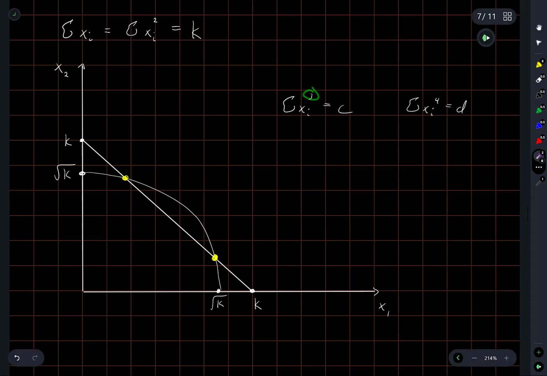As this exponent gets really large, if I have the sum of xi to the p equal to lambda, as p gets very large, the level set starts to look more like a box.